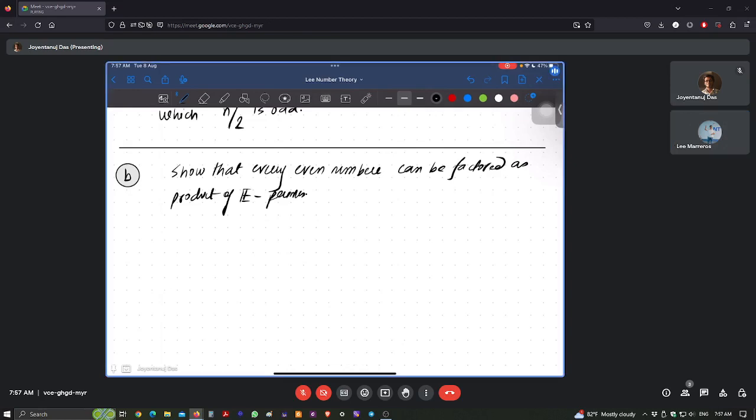This is the same idea. We saw for our usual number system that it can be written as a product of primes. So here they are just asking that it can be written as a product of E primes.